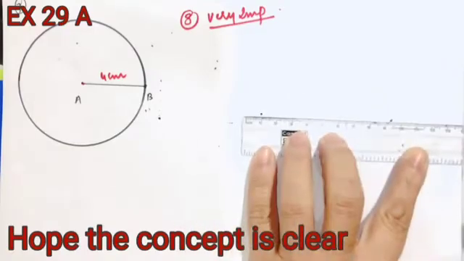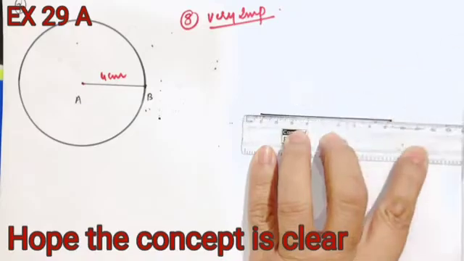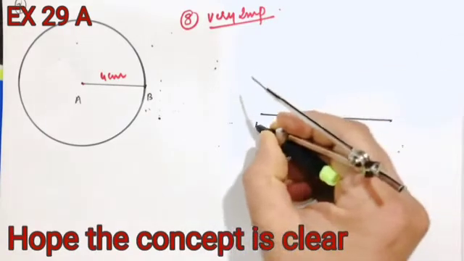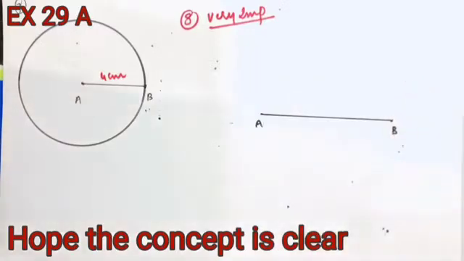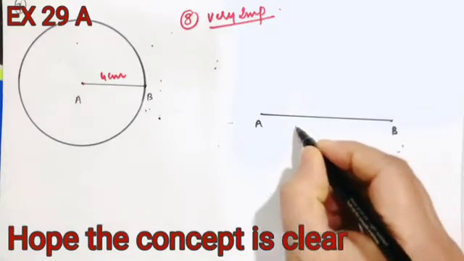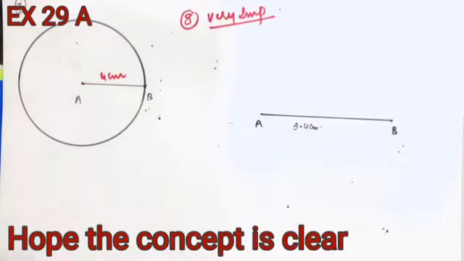I am going to join this. I have joined this as a line AB whose length is 8.4 centimeter.